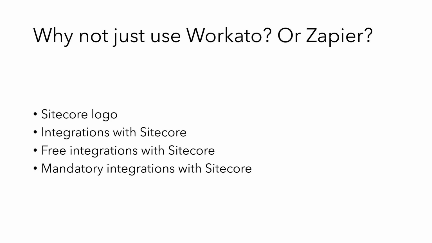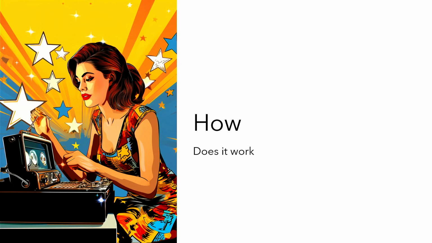There's a caveat, or a hook, that apparently there are mandatory integrations with Sitecore in new recipes. However, I tried that and I was able to create a recipe, or a process, without a Sitecore connection in Connect. So I'm not sure how this is executed, but it's not enforced.